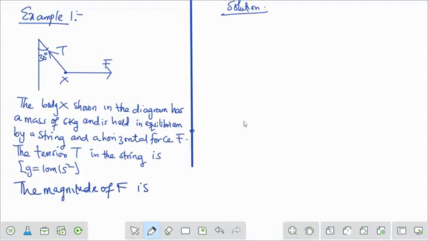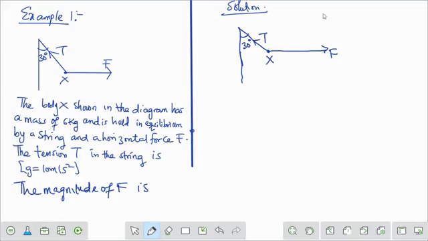This is how you do it. See the diagram. This is 30 degrees. This is T. This is the force F. And this is our X. We have nothing to do with X. They now say the body X shown in the diagram has a mass of 6 kilogram.